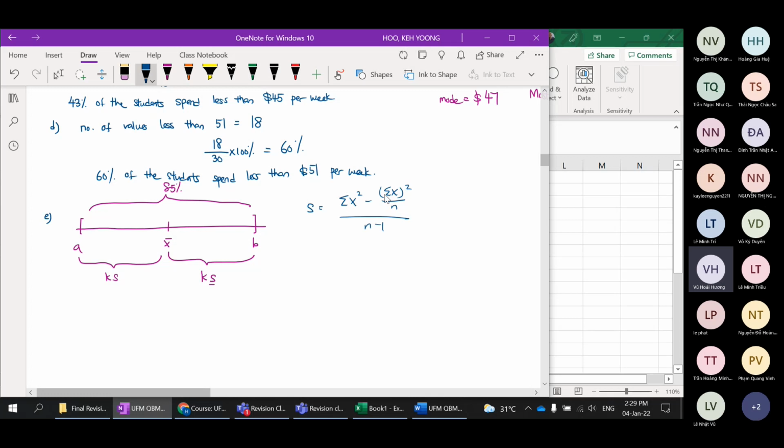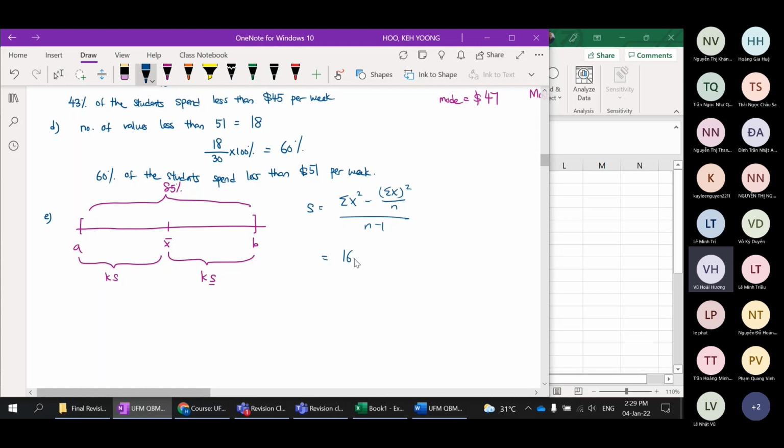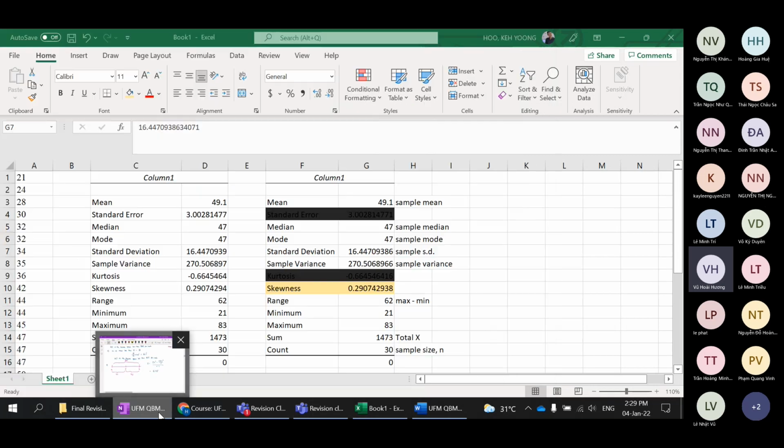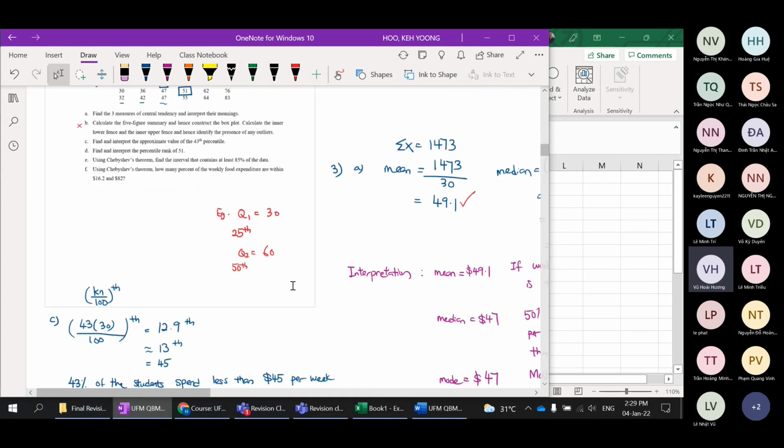After you calculate total x squared, based on the output, straight away you get 16.45. But when you do it in your exam, please show the full workings.